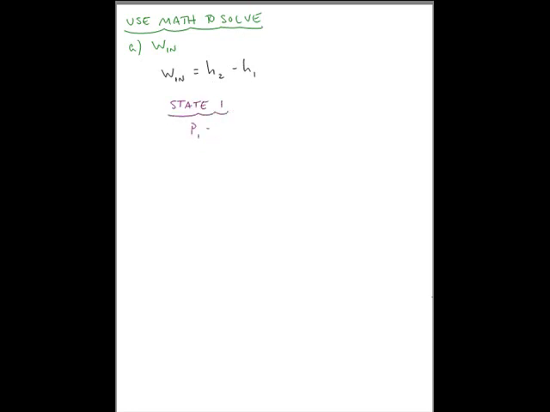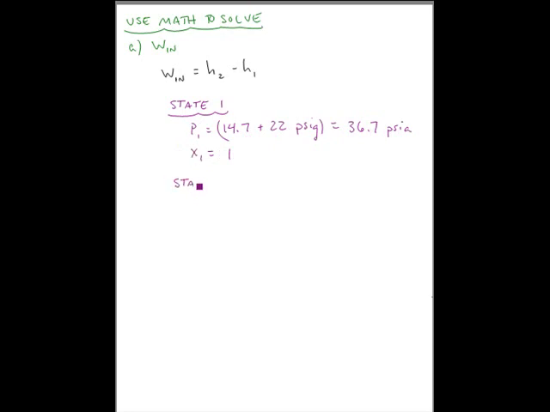I know pressure 1 is 14.7 plus 22 psi, that's gauge, equals 36.7 psi absolute, and I know quality 1 is 1. So with those two, I can find everything else.